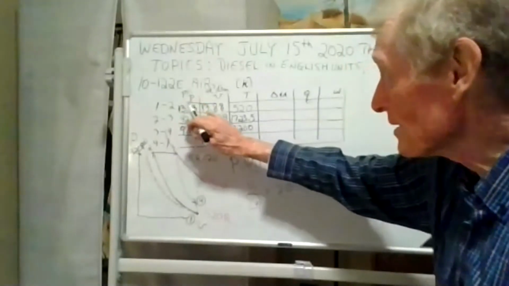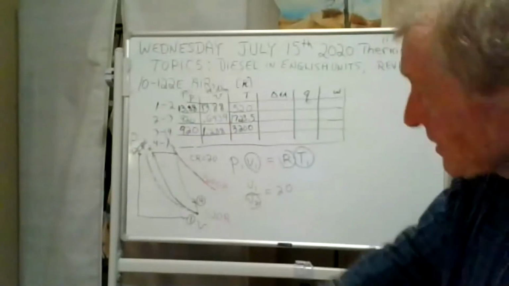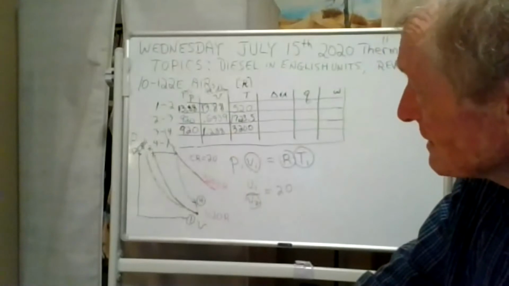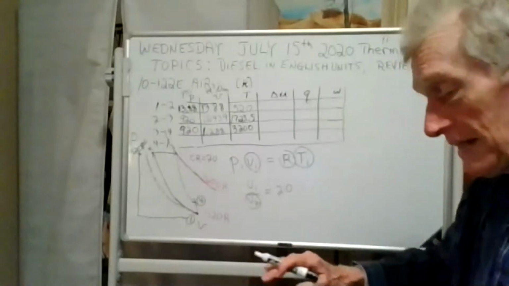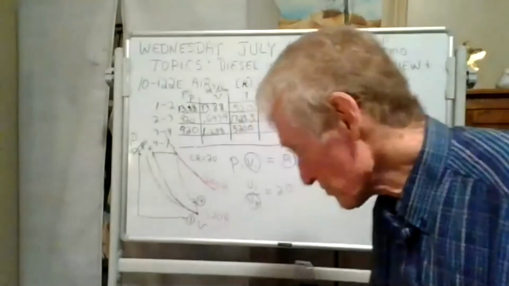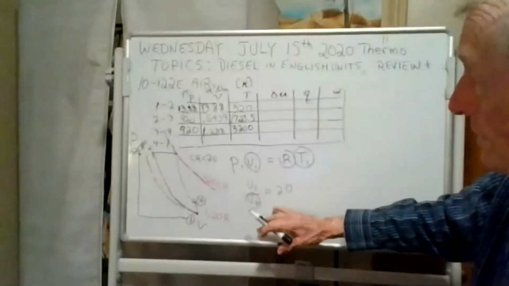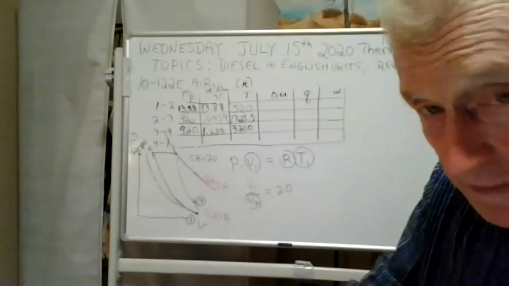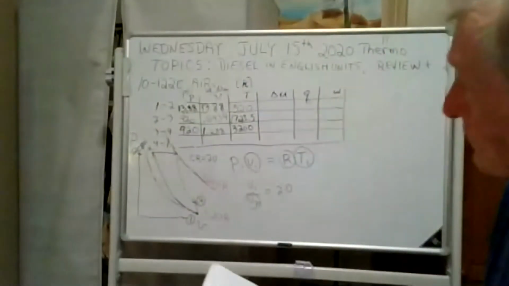The numbers came out the same, didn't they? That's kind of weird. I also worked it with the ratios. T2 over T1 equals P2 over P1 to the (k minus 1) over k, and got the same thing. So I think it's right. I do think it's right. I don't care whether you work it this way or work it this way. I think everything's okay. We just have to learn to have faith in our work.